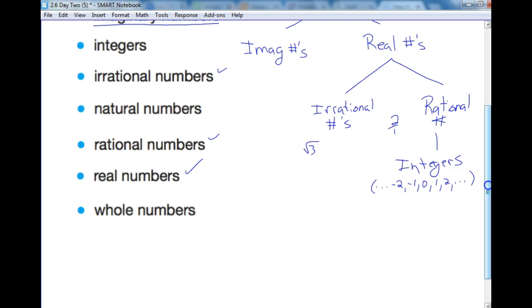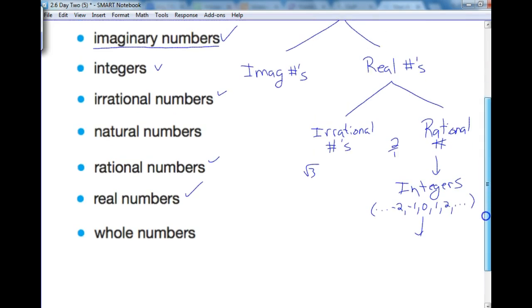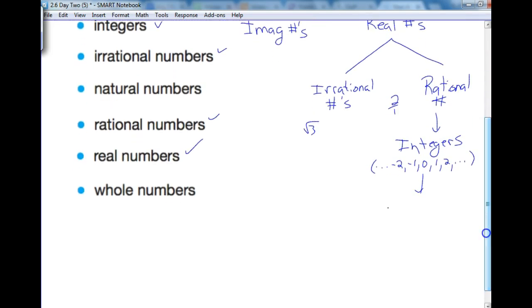From integers, we talk about whole numbers. Check my integers off. Well, what the heck are whole numbers? Whole numbers are part of the integer group. Whole numbers are numbers that start at 0, 1, 2, and they go on, including 0.